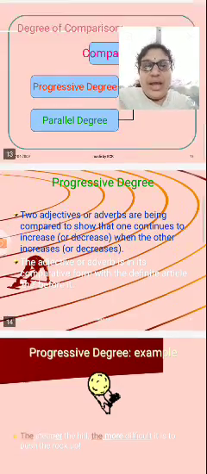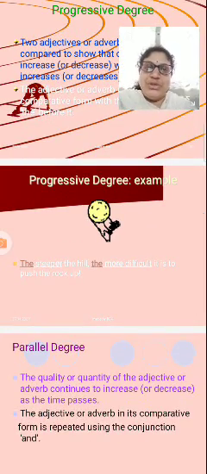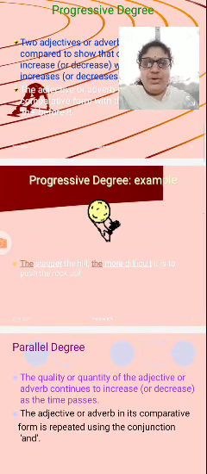When you see the example, you will get an idea about the progressive degree. Here I have written the example: the steeper the hill, the more difficult it is to push the rock up.